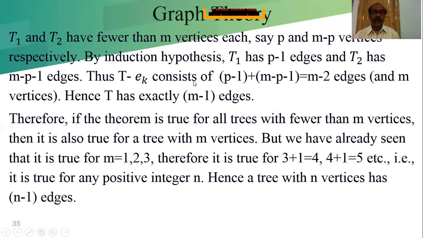Thus T minus Ek consists of how many edges? p minus 1 plus m minus p minus 1 equals m minus 2 edges. And how many vertices are there in both of these two?